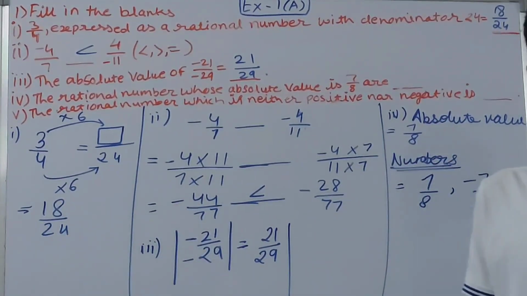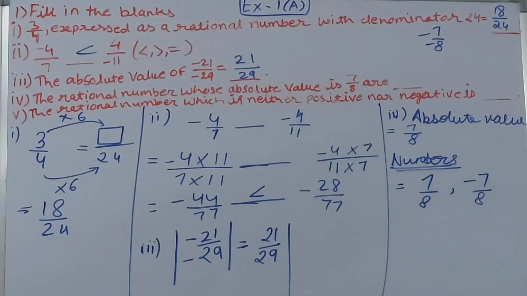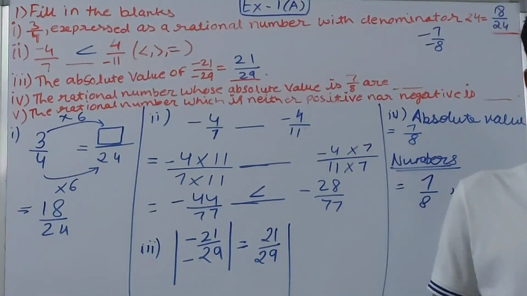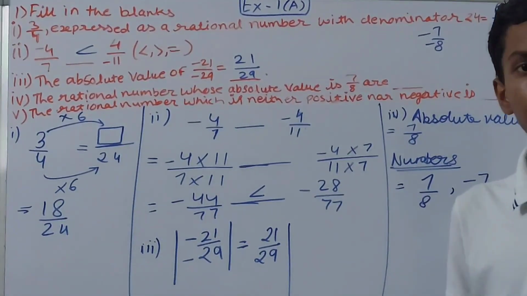Now why am I not writing the third one, that is minus 7 by minus 8? Why are we not writing this? Because only the positive and the negative numbers have an absolute value. When is a rational number considered positive?